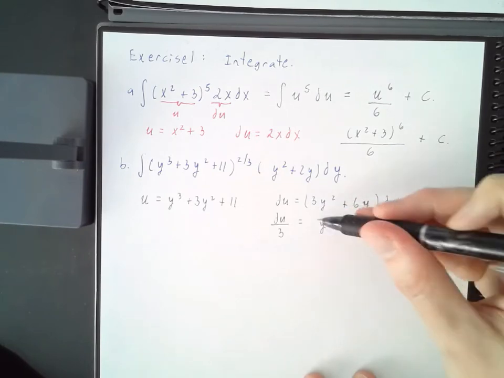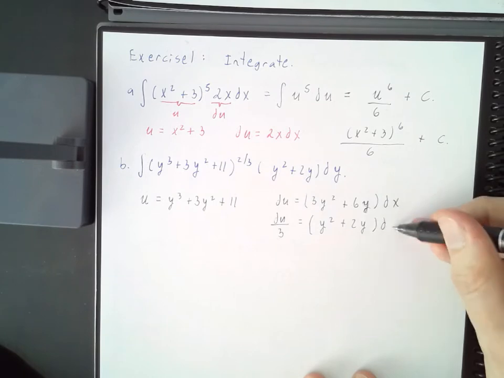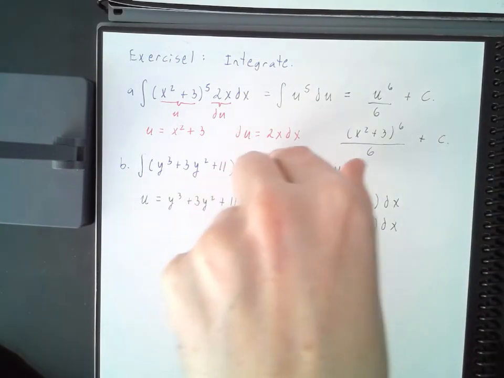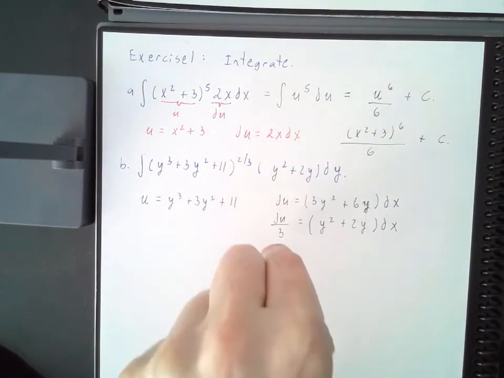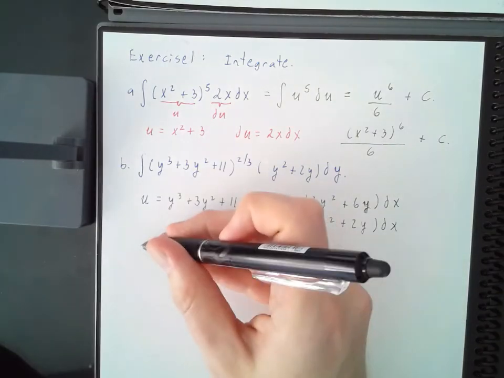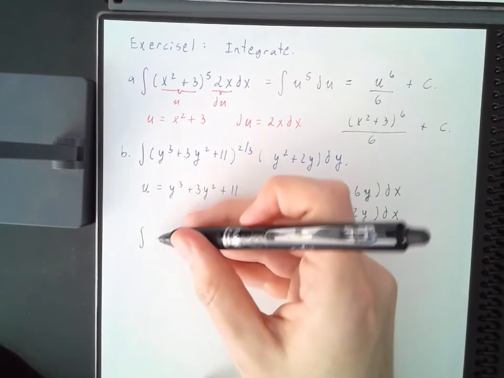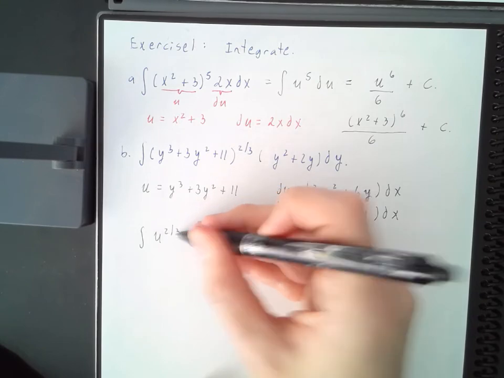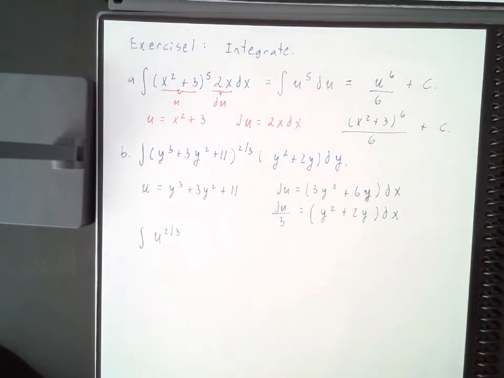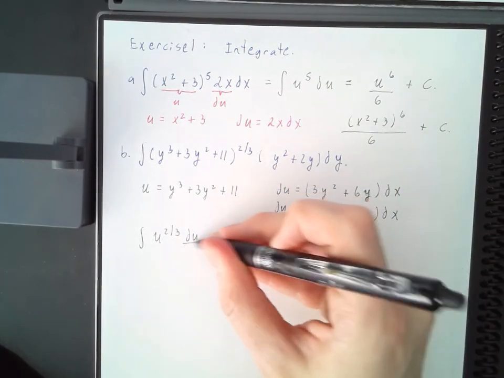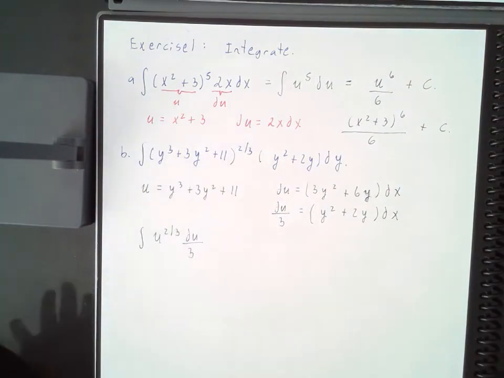Over here we finally have that all of this term is going to be replaced by du over 3. So this is something that we're going to have to do in some of the problems. So we have u to the 2/3 times du over 3. As long as you're multiplying or dividing by a constant, this is a proper substitution.